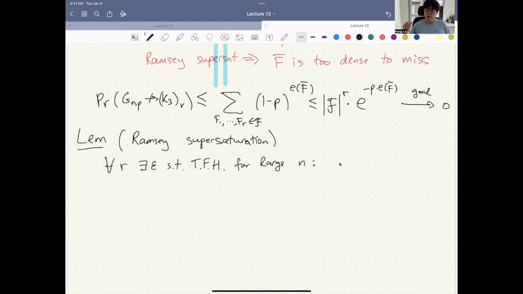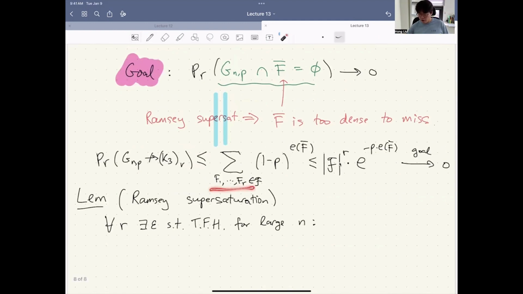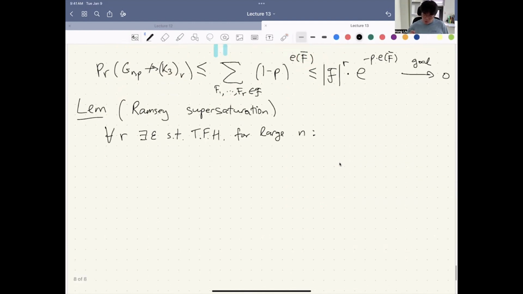For every R-coloring and its complementary graph, we think of F1 to FR and F bar. Now let's think of F bar as a color F0, all right? So for any phi, okay, let's write it.